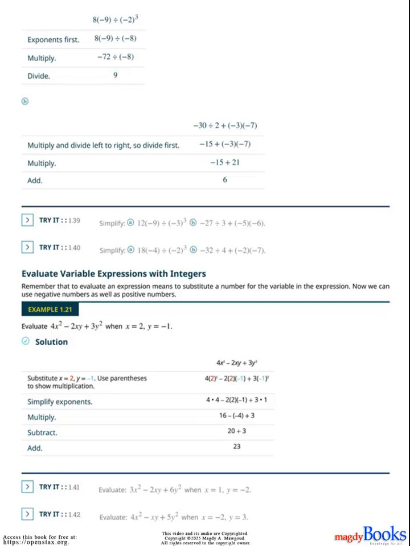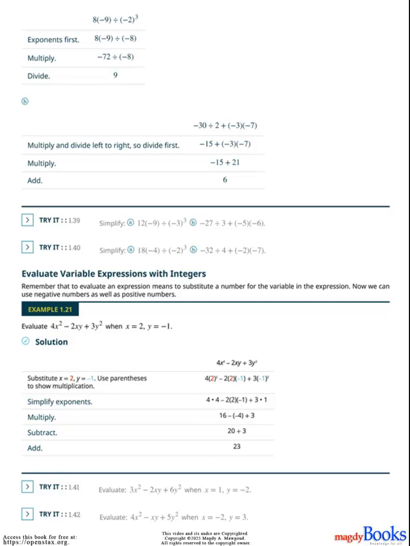Simplify exponents. 4 times 4 minus 2 times (2) multiplied by (-1) plus 3 times 1. Multiply. 16 minus (-4) plus 3. Subtract. 20 plus 3.